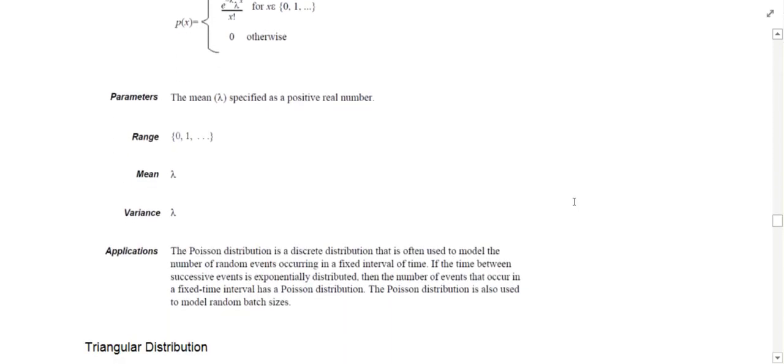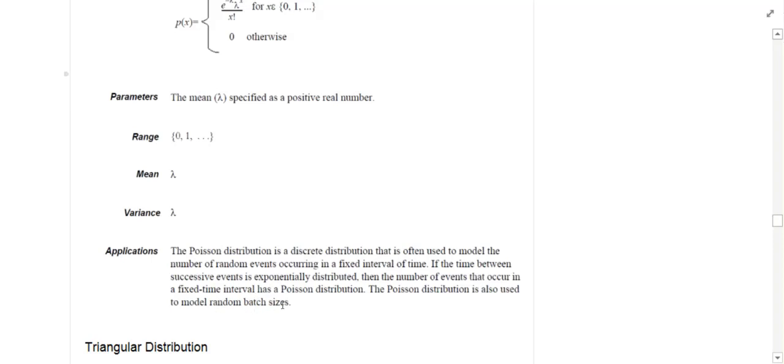So Poisson is a discrete distribution that's often used to model the number of random events occurring in a fixed interval of time. If the time between successive events is exponentially distributed, then the number of events that occur in a fixed time interval has a Poisson distribution. And the Poisson distribution is also useful in modeling random batch sizes. Okay, so that again would probably be a service type organization.